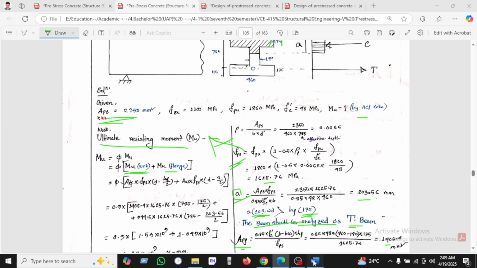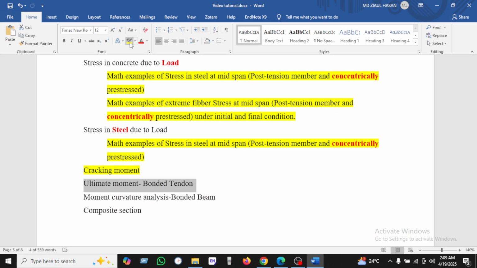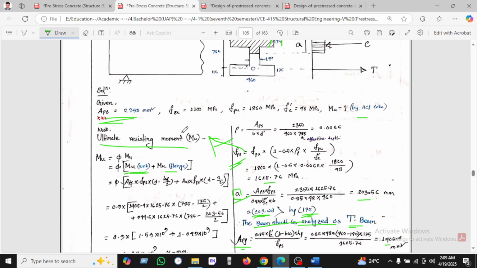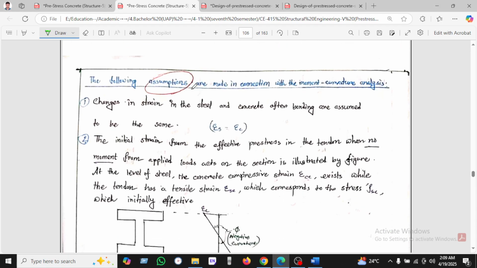Okay, so these are the examples. Now we can see the moment curvature analysis for a bonded beam. Before going to the moment curvature, the following assumptions are made. First, the strain in the steel and concrete after bonding are assumed to be the same, strain of steel equals strain of concrete.